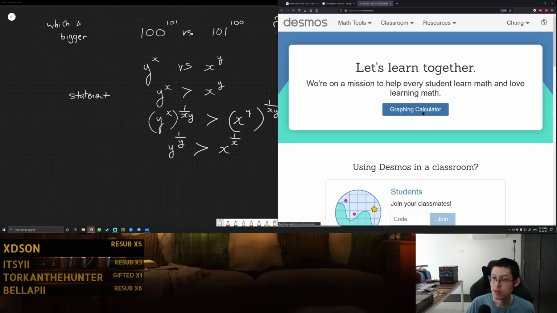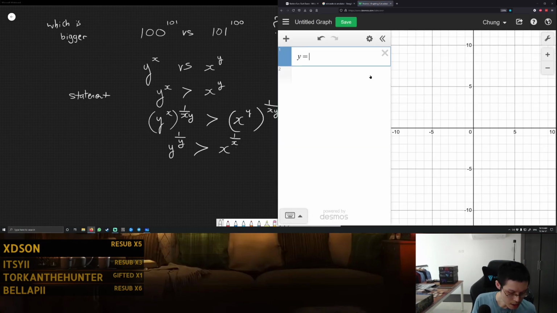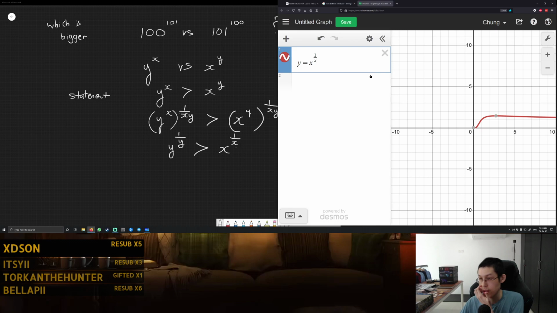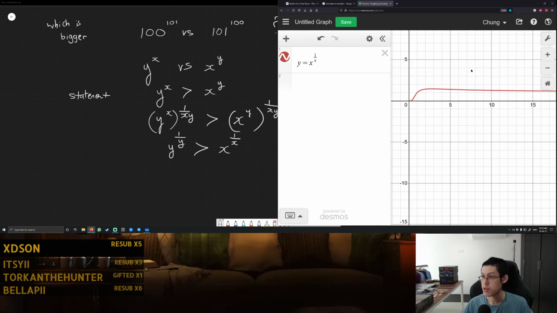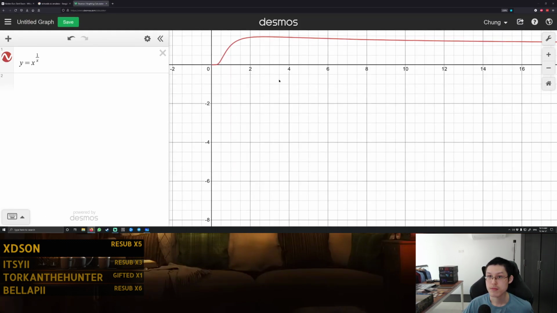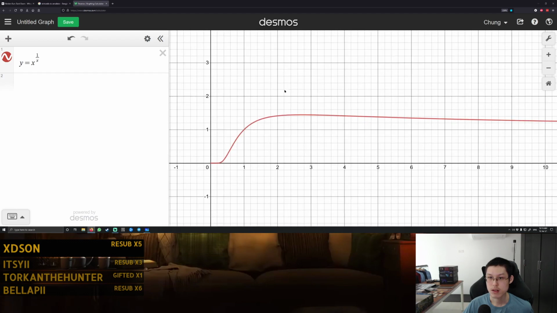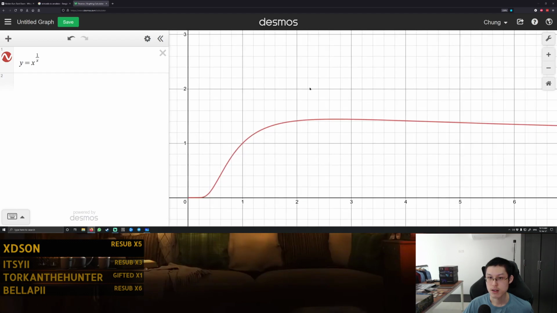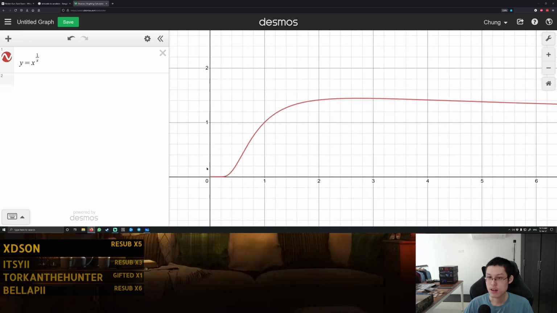So suppose we plot y equals x to the power of 1 over x. You would actually get something like this. As you can see, there is a maximum point somewhere here, and it turns out the maximum point is at 2.718.